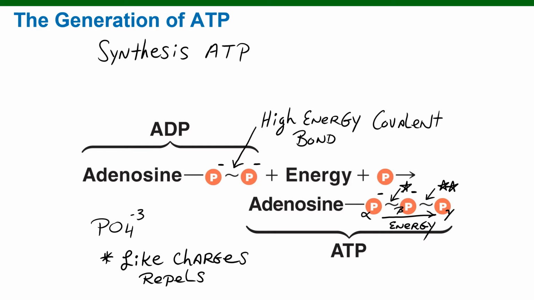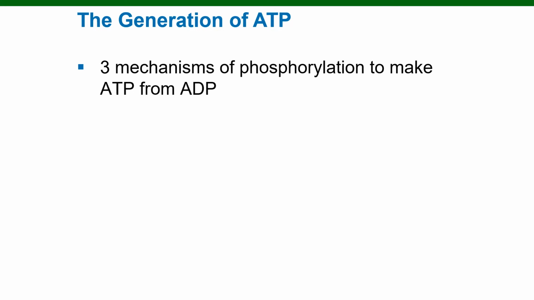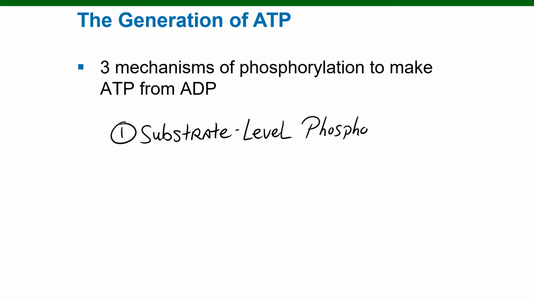By comparison, there are 3 different types of phosphorylation reactions that can bring about the generation or synthesis of ATP. The first one we'll learn about is substrate-level phosphorylation. A second type of phosphorylation event that some cell types can undergo is photophosphorylation.